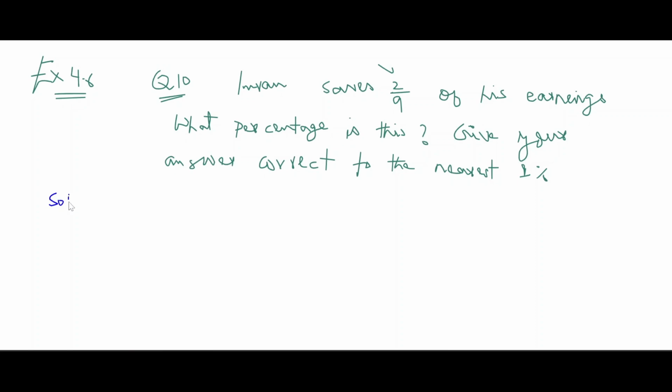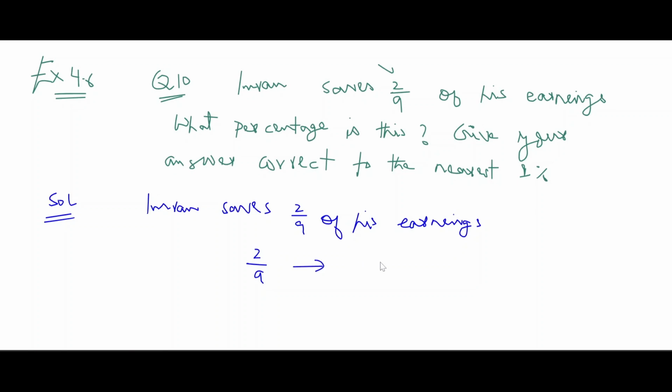So the solution: Imran saves 2 by 9 of his earnings. To get a percentage, first 2 by 9 is divided and converted into a decimal.